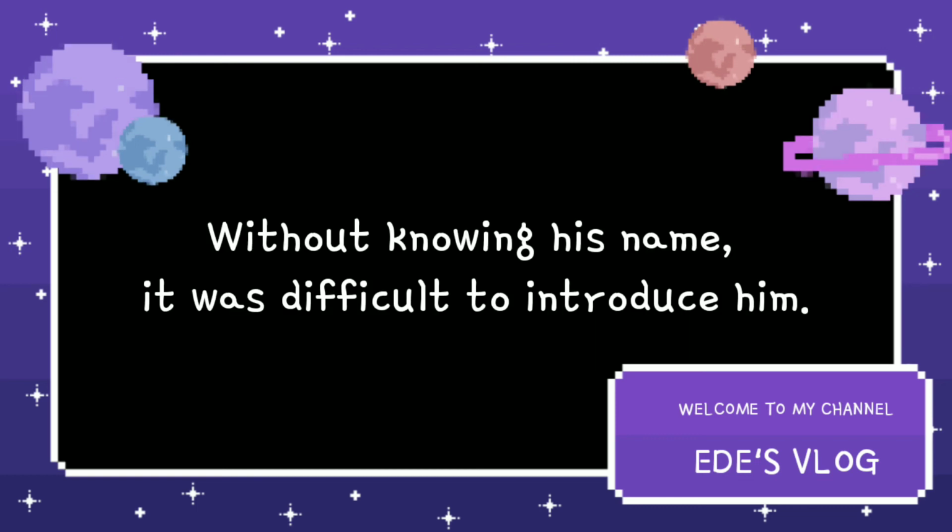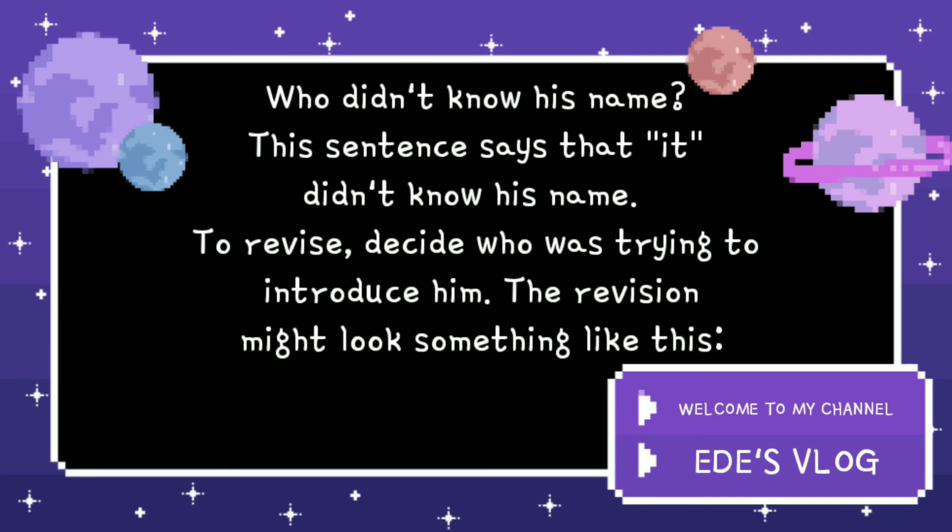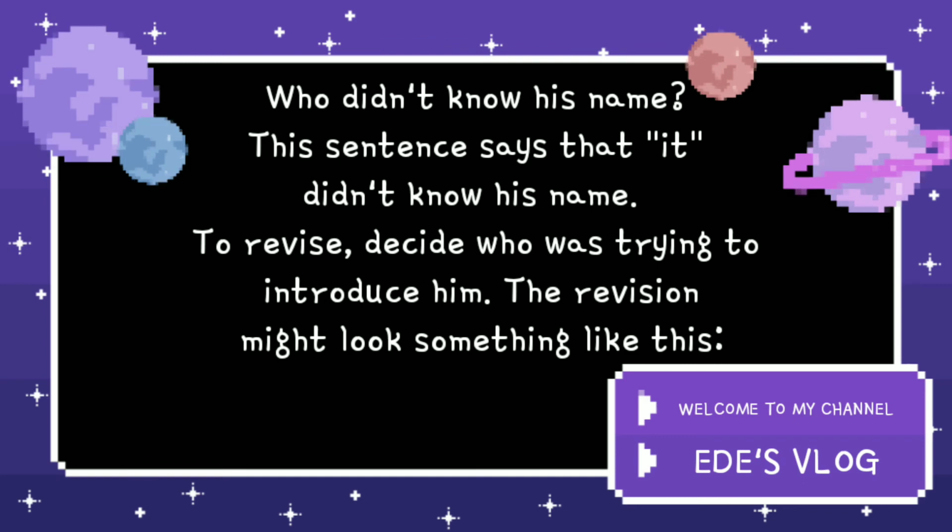Number 2. Without knowing his name, it was difficult to introduce him. Is the sentence correct? Wrong again. Why? Because of the dangling modifier. Who didn't know his name? This sentence says that it didn't know his name. To revise, decide who was trying to introduce him.